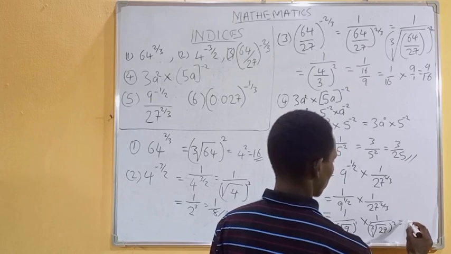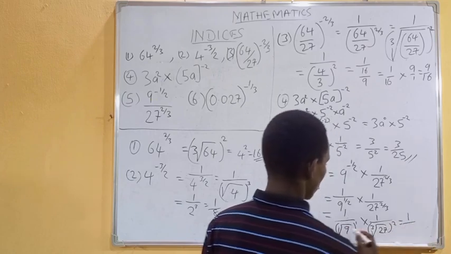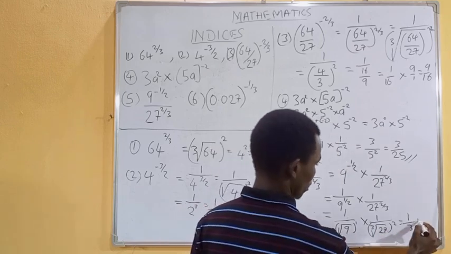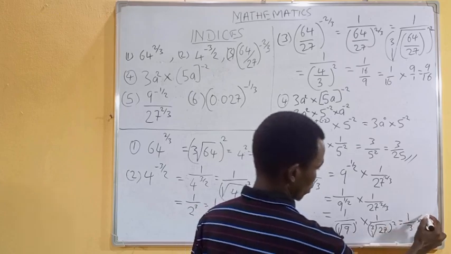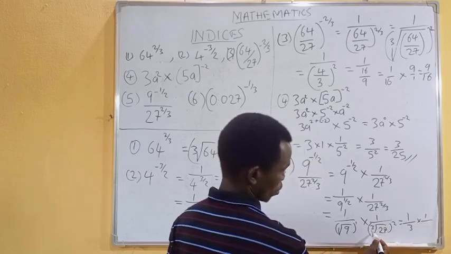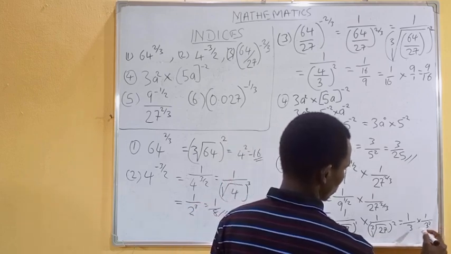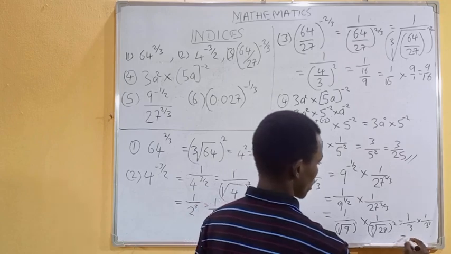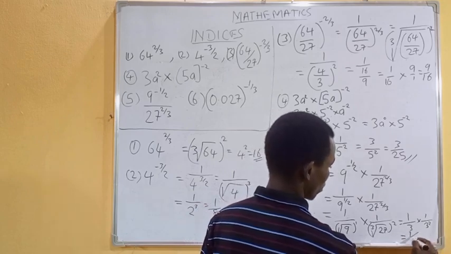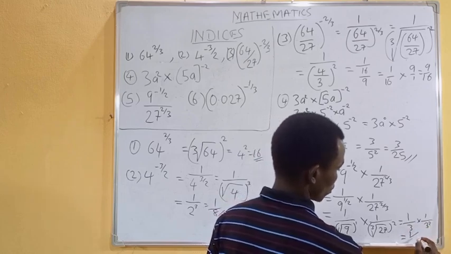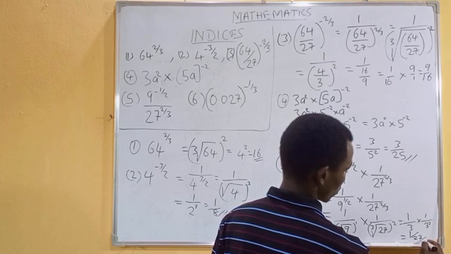We can now have 1 over the square root of 9, which is 3, times 1 over the cube root of 27, which is 3, raised to the power 2. From there, we can have 1 all over 3 times 3 squared. Now we have 27.